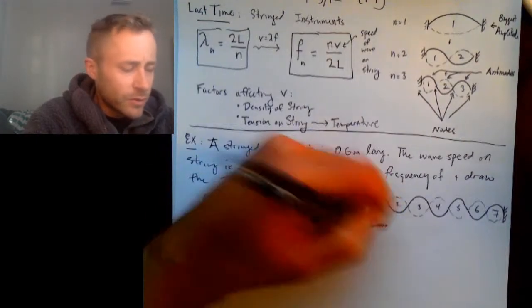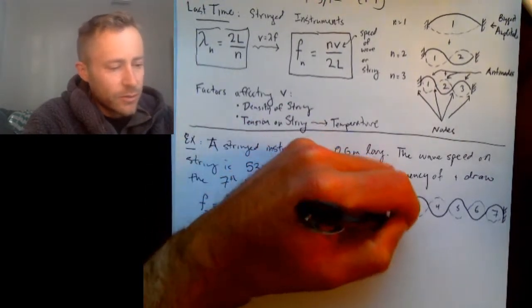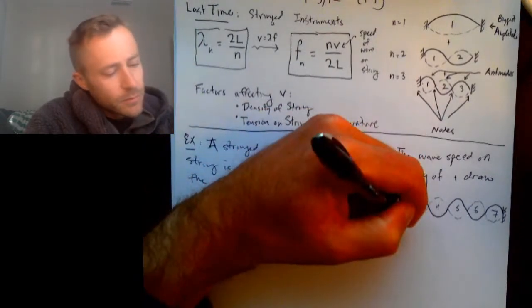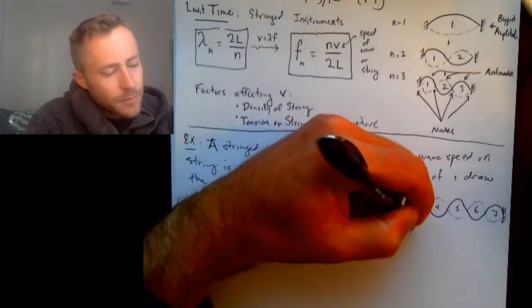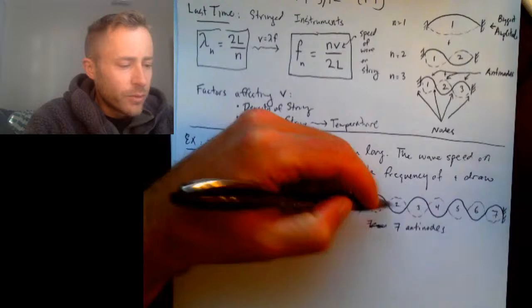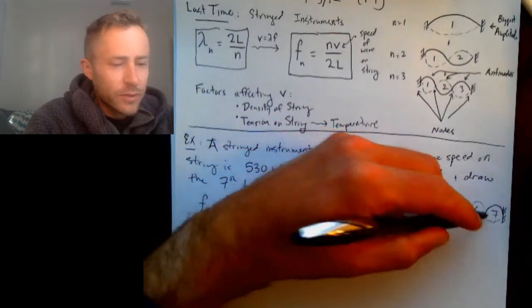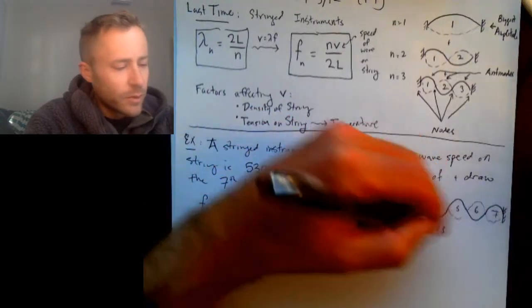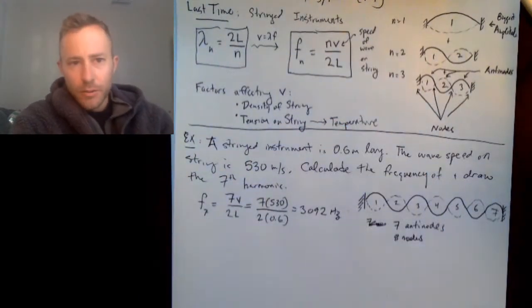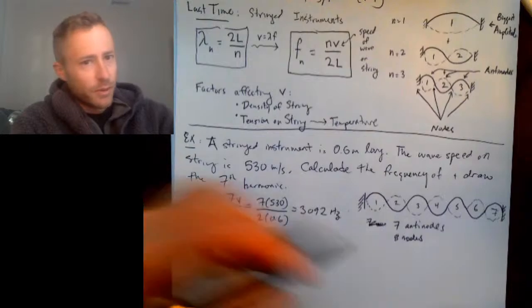Actually, not 7 nodes, 7 antinodes, because there's 7 footballs. Each football is an antinode. And it has 1, 2, 3, 4, 5, 6, 7, 8 nodes. All right, so that's an example of one of these questions.